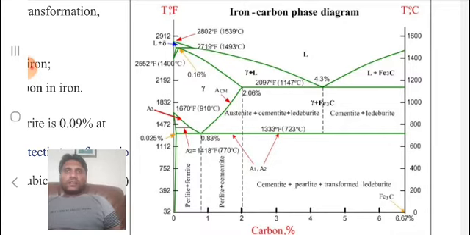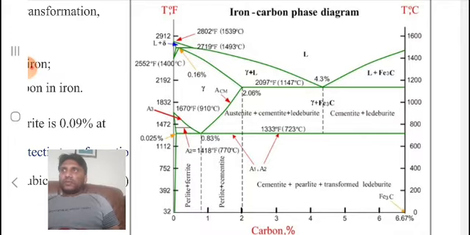Actually, strictly speaking, it is 1147 degrees centigrade. In some books it may be written as 1143 degrees centigrade. So the iron carbon equilibrium diagram concerns the transformations that occur in alloys having compositions from pure iron to cementite, that is 6.6% carbon.